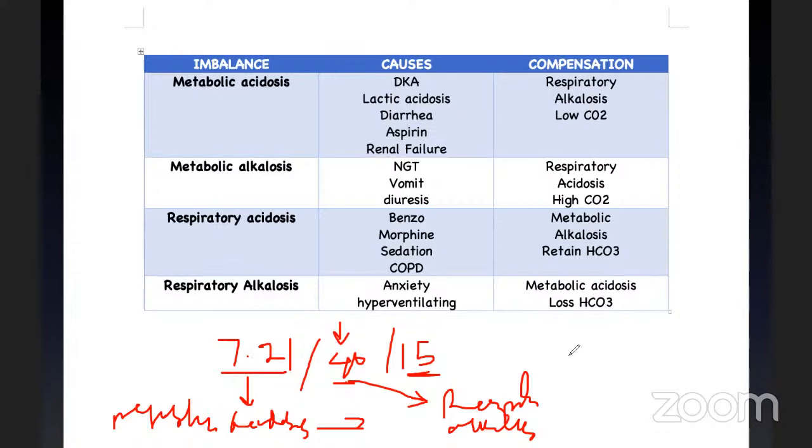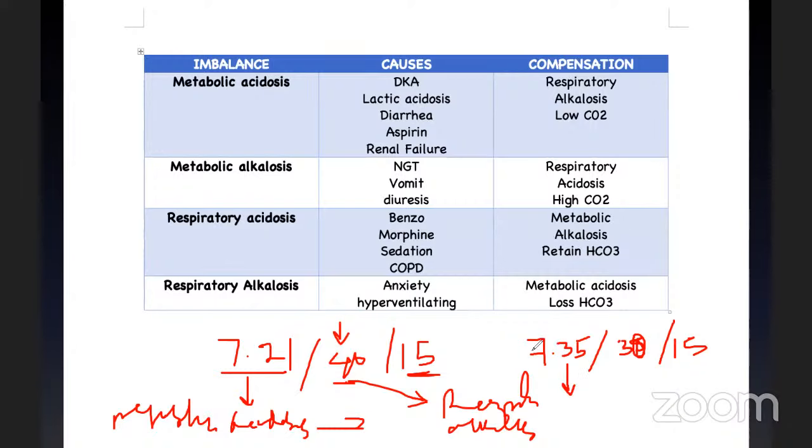If I change it, the same thing, I put a 15 there, and instead of the 40, I put probably 35 here, or maybe 30, and I change this to 7.35.